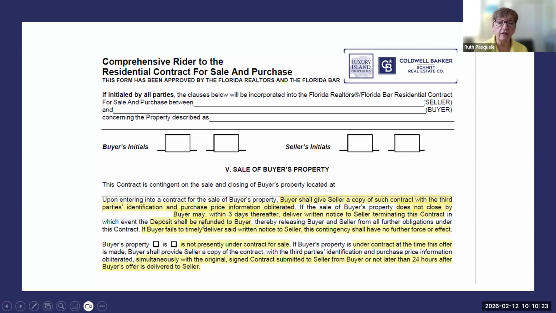So if it doesn't close by that date, the buyer then has to notify the seller with written notice. And then they will get their deposit back. And then the buyer and seller are released from any further obligations under the contract.